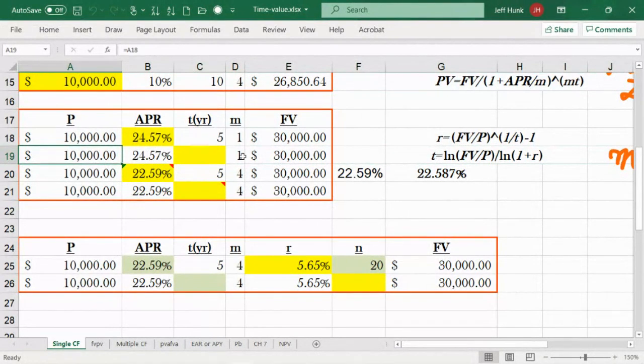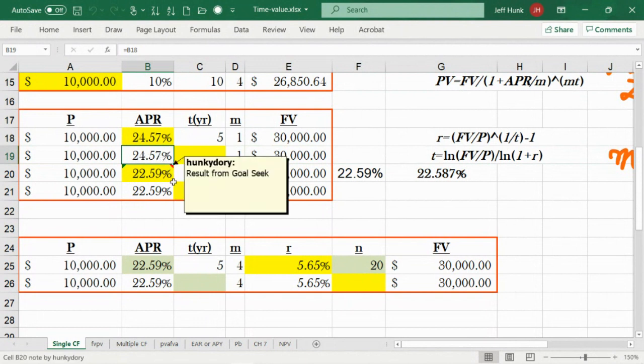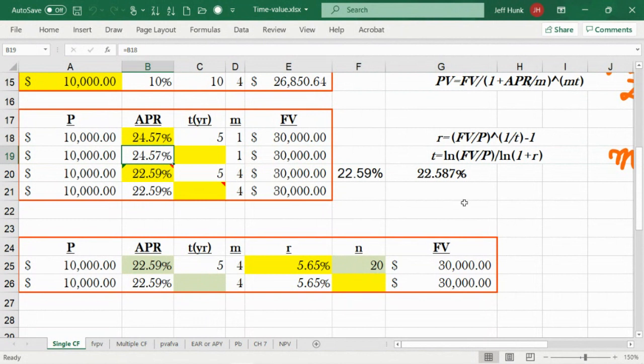You have 10K, and your target future value is 30K. And currently, the market interest rate is 24.57. And if that's the case, then how many years will it take to reach your target future value? In other words, to grow your 10K to 30K, how many years will it take?